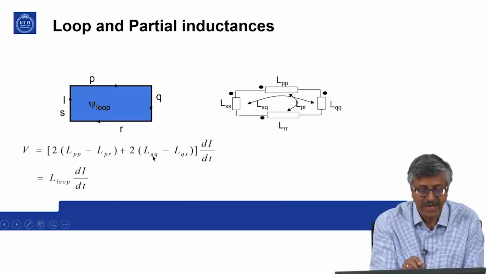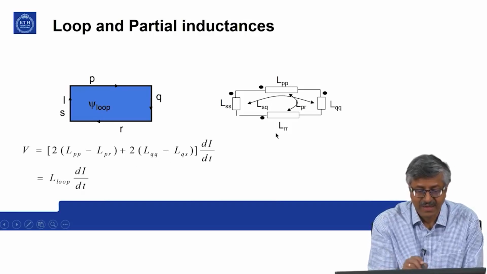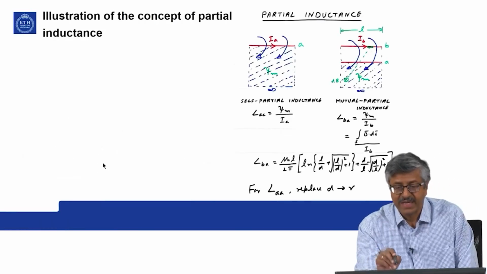Now, how do you find LPP, LQQ or LSS and LRR, which are the same? They are defined like that.